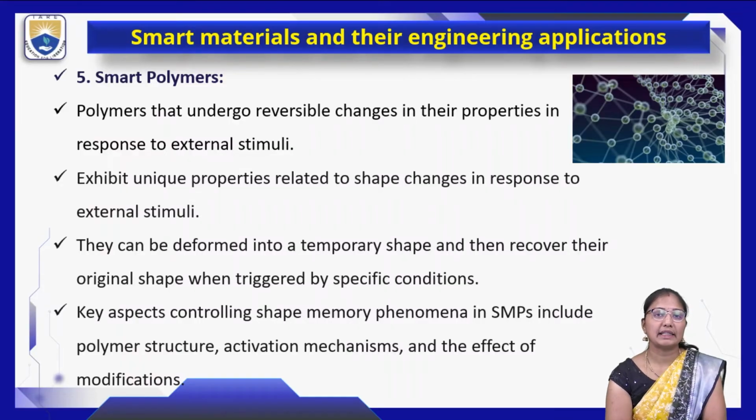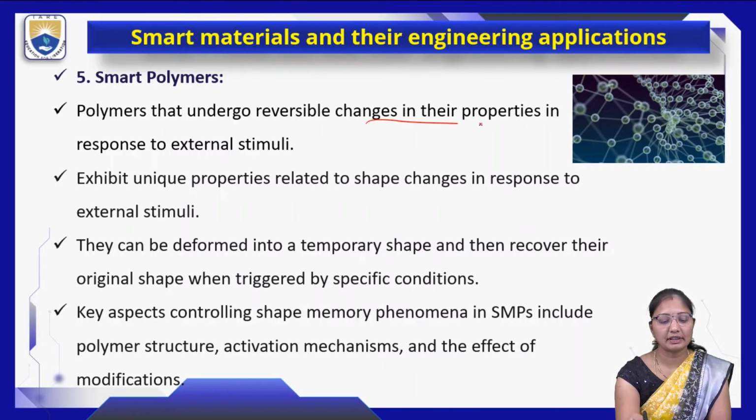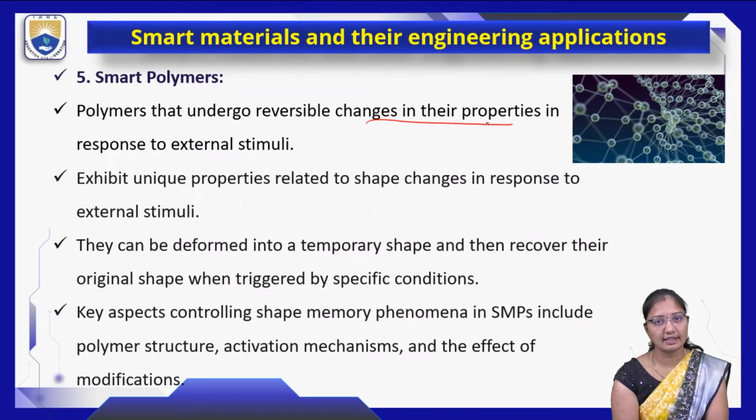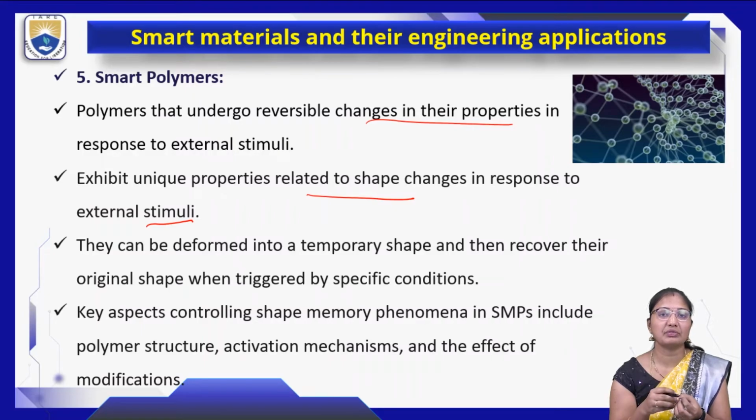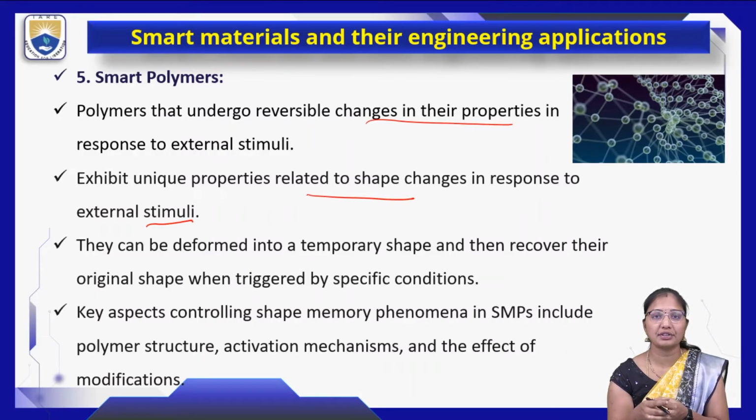Another smart material is smart polymers. The polymers that undergo reversible changes in their properties in response to an external stimulus are called smart polymers. They exhibit shape change when an external stimulus is applied, meaning a change in shape. If it is heated, a deformed structure will be there. Again on cooling, it retains its shape.